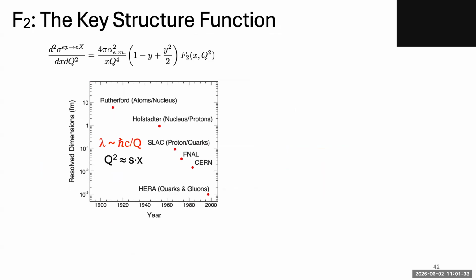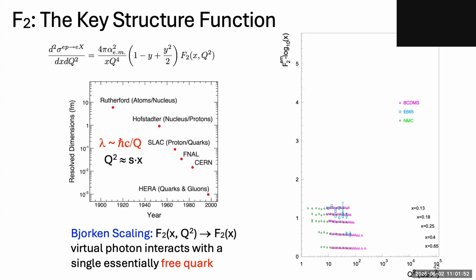Now the key structure function. This is a plot that we usually like to show, from Rutherford scattering all the way to Hofstadter, SLAC, then CERN and HERA, as a function of year. Technology improves, the energy is higher, you go deeper into the proton, and you see a different structure function. These are the initial measurements where you have the Bjorken scaling.